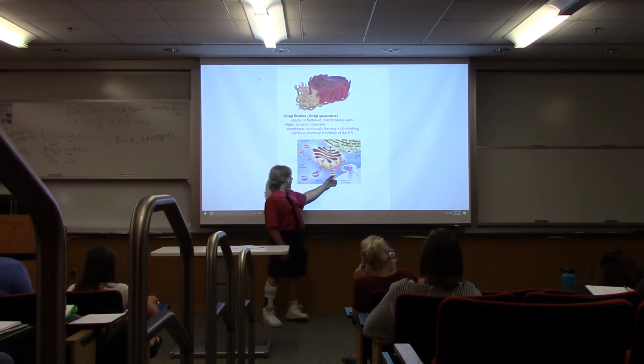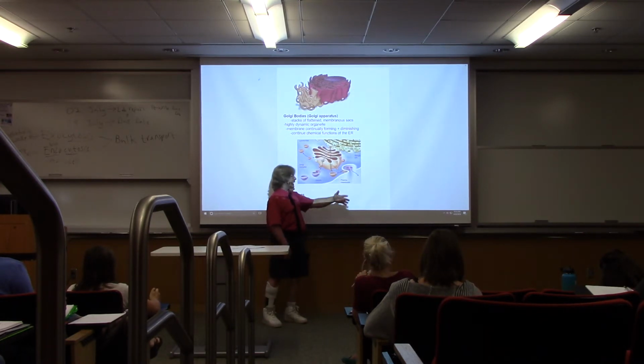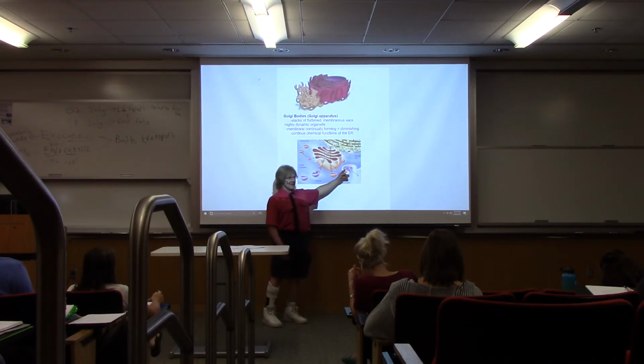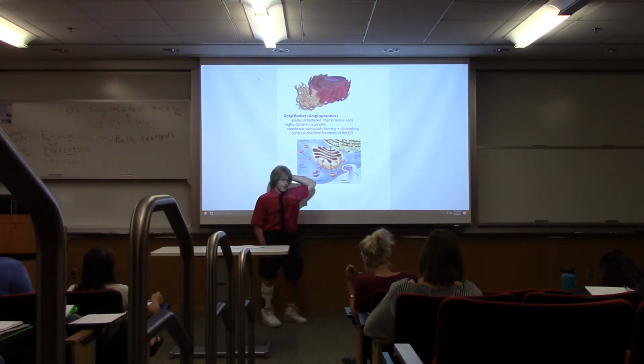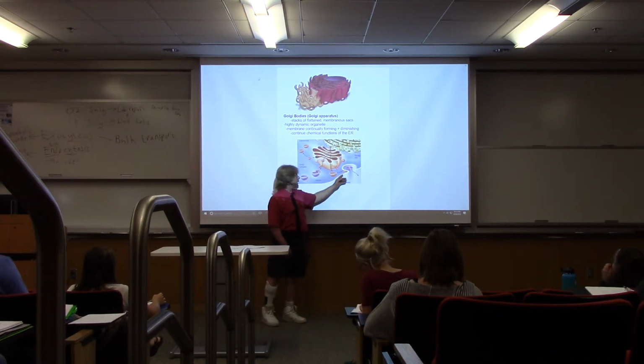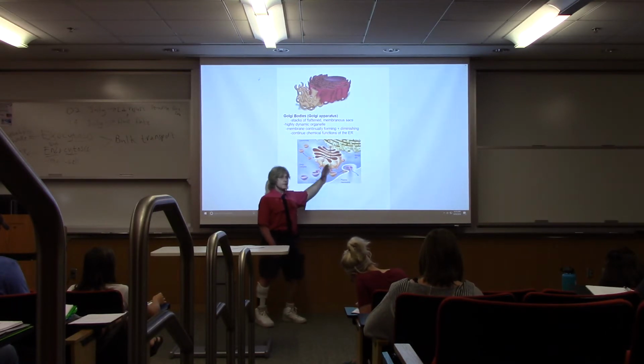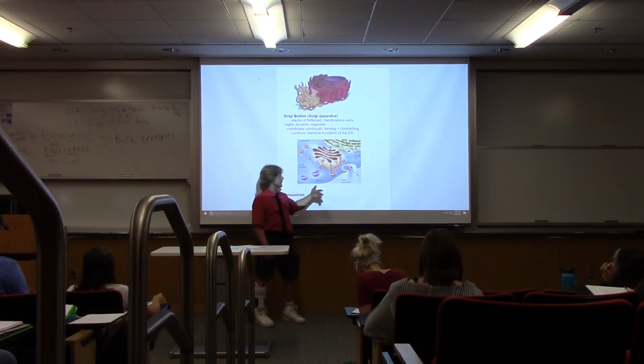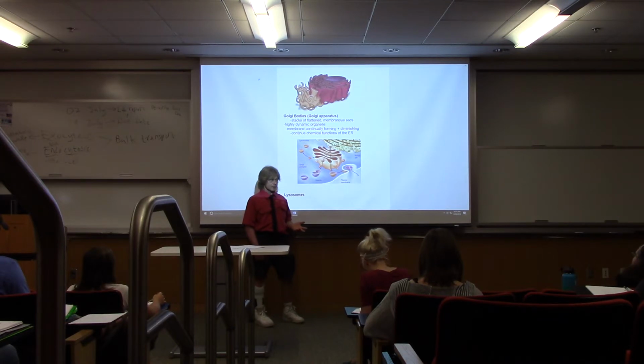So all of these would be metabolic waste products to exit the cell. When that vesicle gets close to the plasma membrane, it will get incorporated into the phospholipids of the plasma membrane and release its metabolic waste products outside the cell.